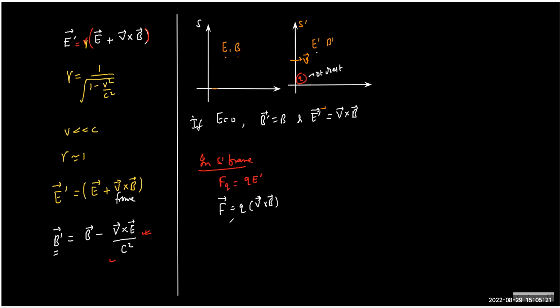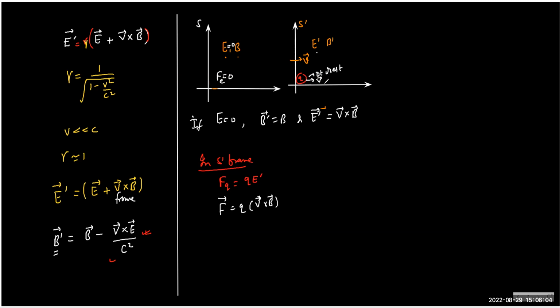This force we derived as an electrostatic force, but in some other frame this will act as a magnetic force. Why? Because E is absent, right? Yes, sir. Because E is absent, in the ground frame, can we have electric force? No, sir. Here the electric force is 0. So the only force possible is magnetic force. We threw the charge with some velocity V. Because the charge is moving with V and the frame is also moving with V, in the frame the charge is at rest.